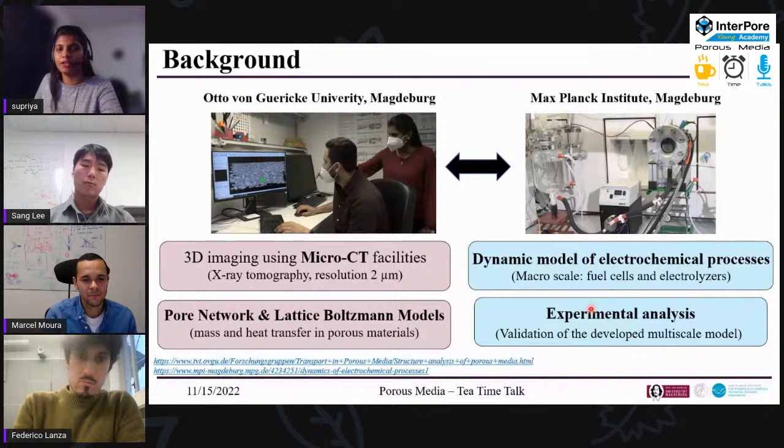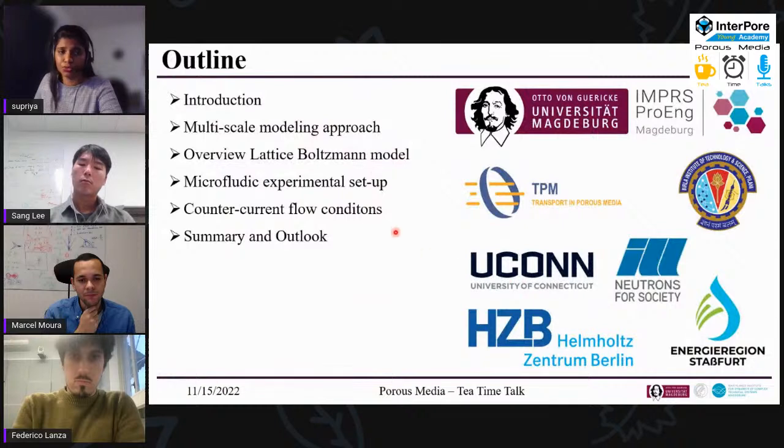And at the Max Planck, we have our own macro scale electrochemical processes where we deal with our fuel cells and electrolyzers, and we also do experimental analysis, which is later used for validation of our macro, micro, and different scale modeling techniques.